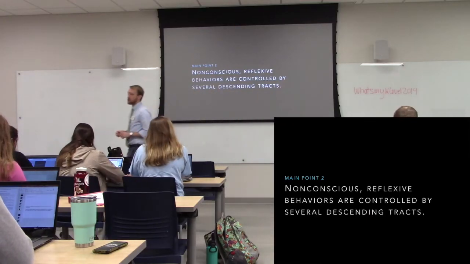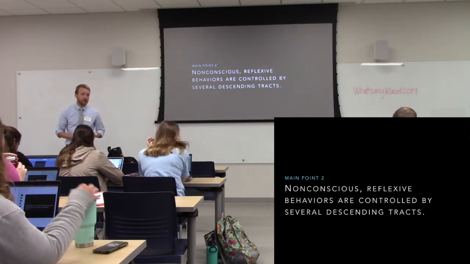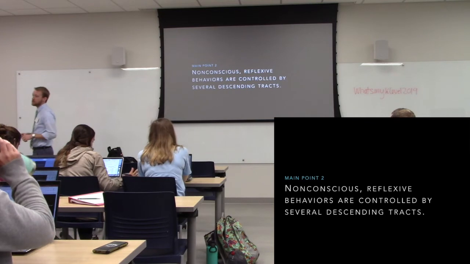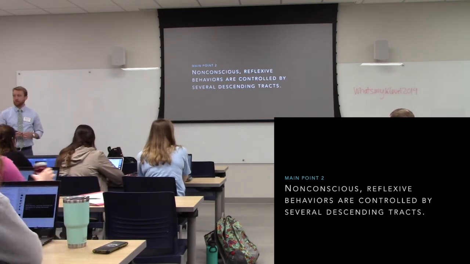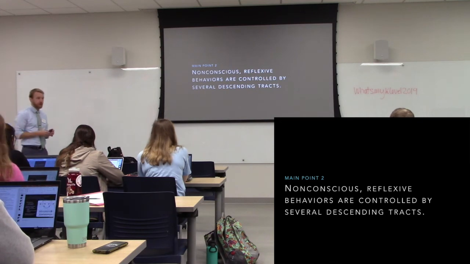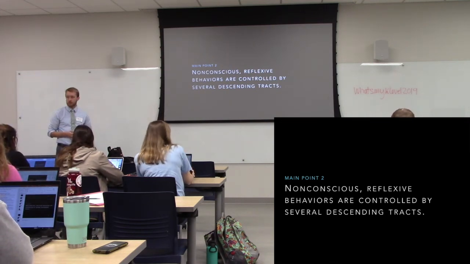In addition to the corticospinal tract, there are other descending pathways that are going to influence activity of our lower motor neurons. Because these don't arise from the cortex, we're not aware of them. These are outside of our conscious awareness, but they are still certainly important. For the most part, these are going to help us keep balance.